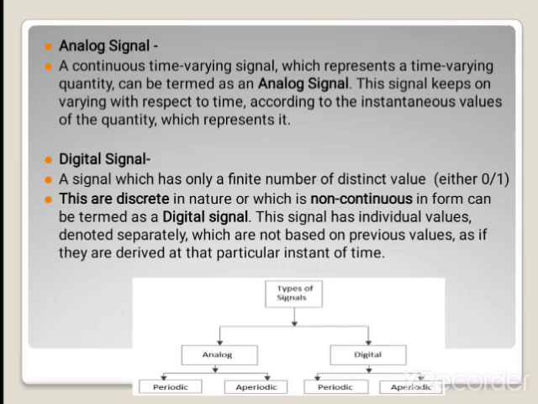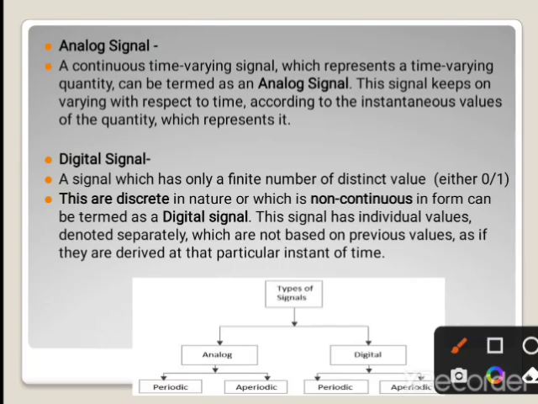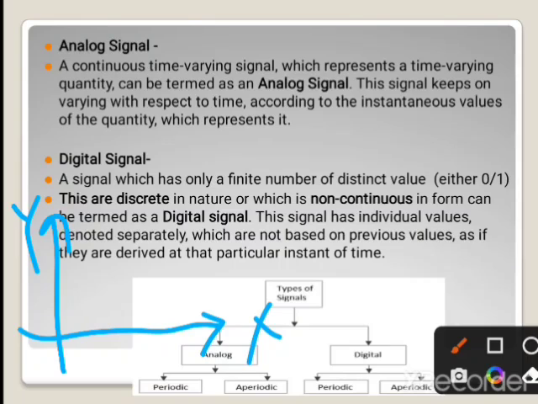An analog signal is a continuous time varying signal. Suppose this is your x-axis, this is your y-axis. A continuous time varying signal which represents a time varying quantity can be termed an analog signal. Suppose your x-axis represents time and y-axis represents voltage.